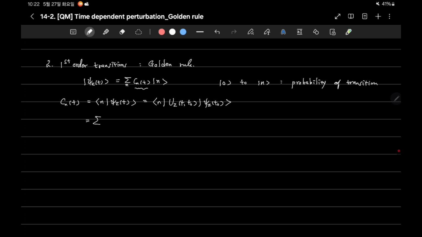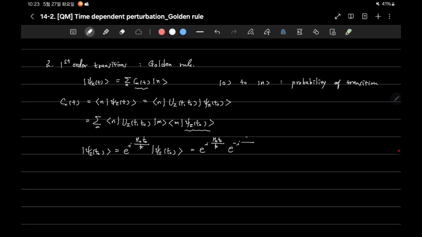Then from the complete set, the summation over m of <n|U_I(t, t0)|m><m|psi_I(t0)>. Here psi_I(t0) is exponential of i H0 t0 over h bar times psi_S(t0), which becomes exponential of i H0 t0 over h bar times exponential of minus i H0 t0 over h bar psi_S0 from the time evolution. So here is psi_S0.